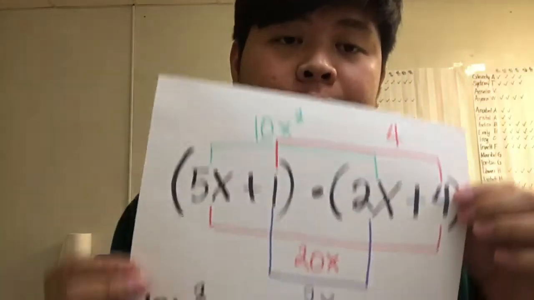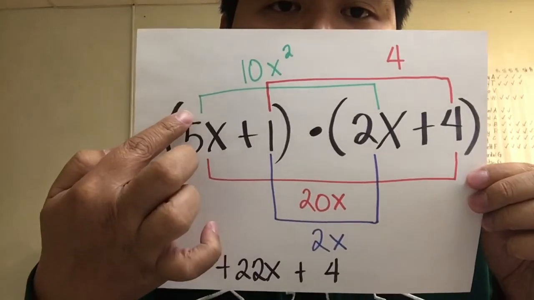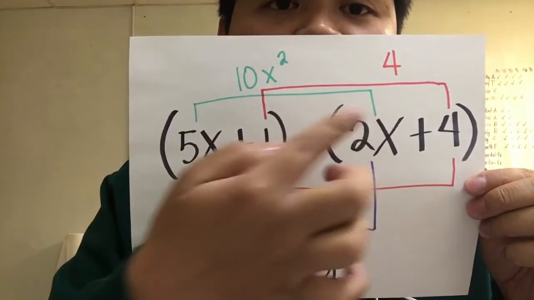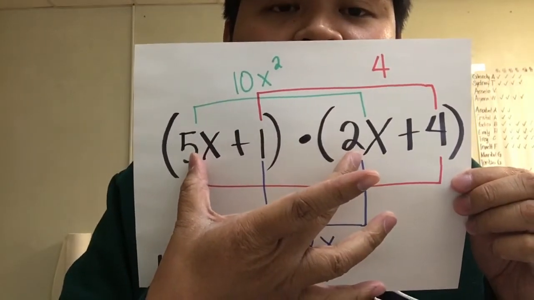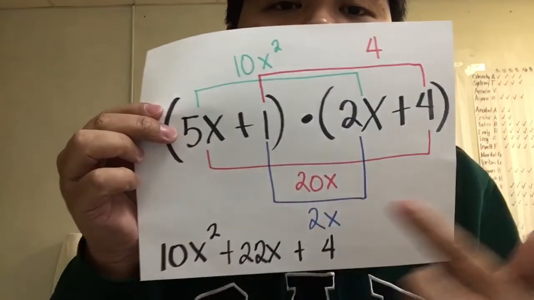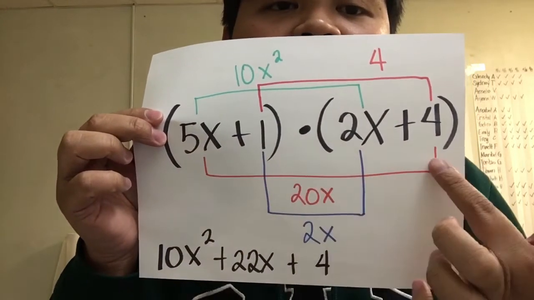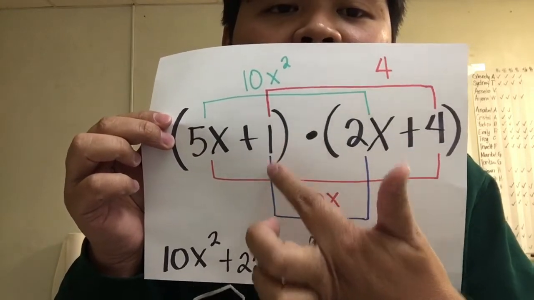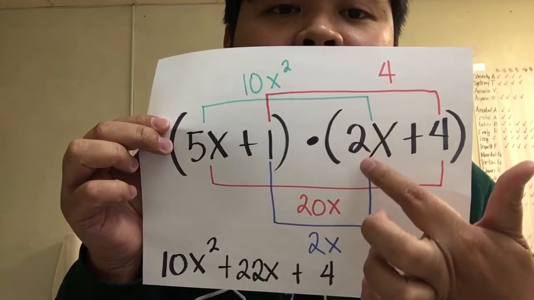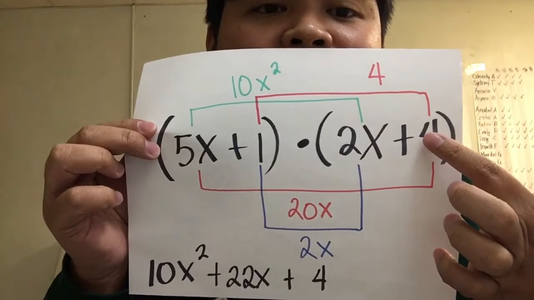Unlike what I did, you could always do that on one piece of paper. You could just use arrows. Look at this. I use the green arrow to multiply my first. And then I use a red arrow to multiply my first and the last one. That's the outer. And then the second and the first, and then the second and the last.